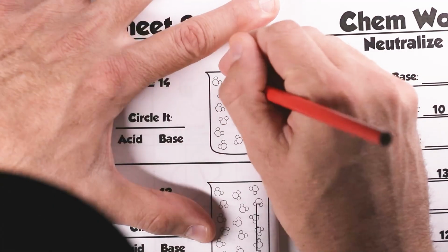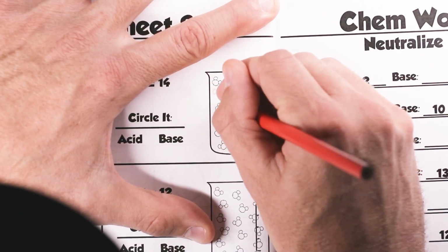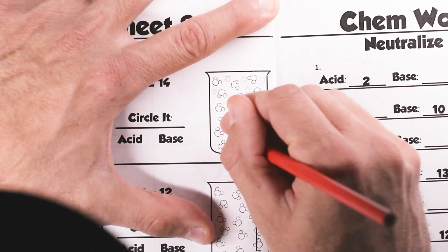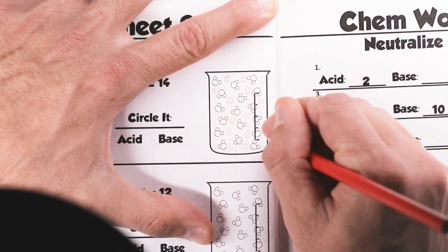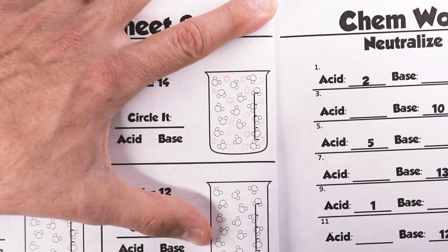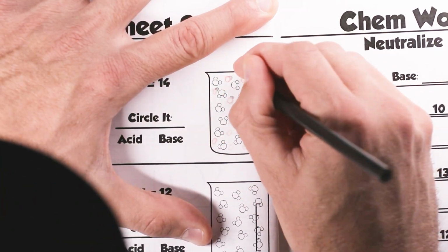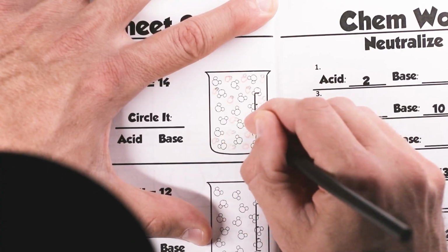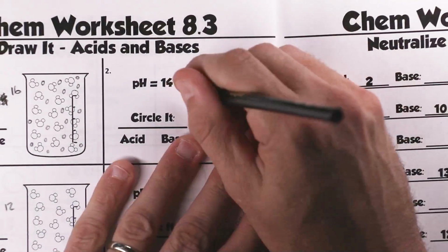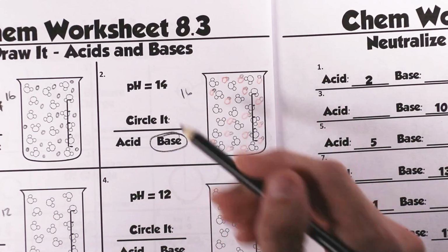Okay, here are my hydroxide ions. 1, 2, 3, 4, 5, 6, 7, 8, 9, 10, 11, 12, 13, 14, 15, 16. And each one of those needs an ear, that is a hydrogen, on it. Okay, so I've now got 16 hydroxide ions, and I'm a base, and I have a high pH.